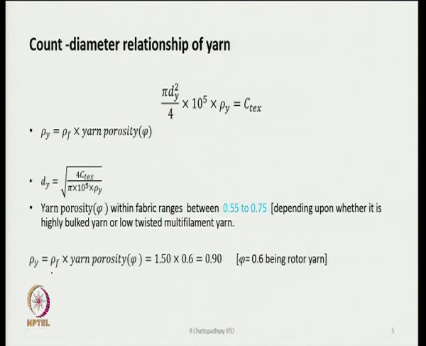So, the yarn density is going to be 1.50, since it is cotton yarn with fiber density 1.5, and then we have taken 0.6 as the typical value of porosity for rotor yarn.